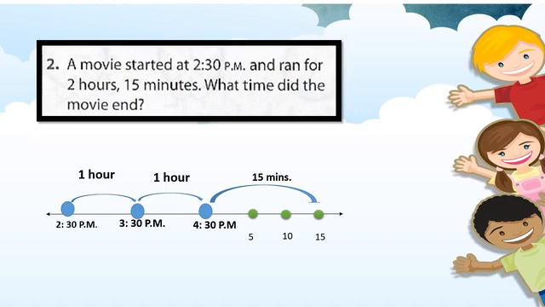Now we are going to count from 4:30 going to the 15 minutes. From 4:30 we will count by 5: 4:30, 4:35, 4:40, 4:45. So what time did the movie end? The movie ended at 4:45 p.m.